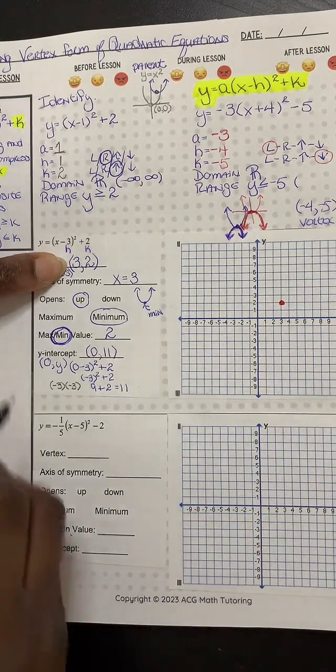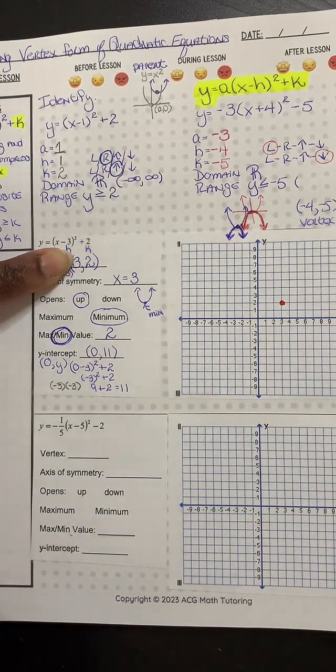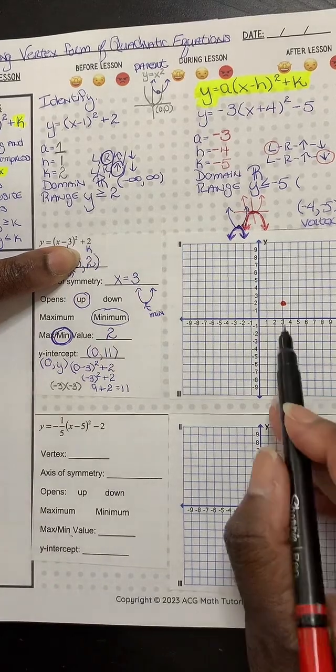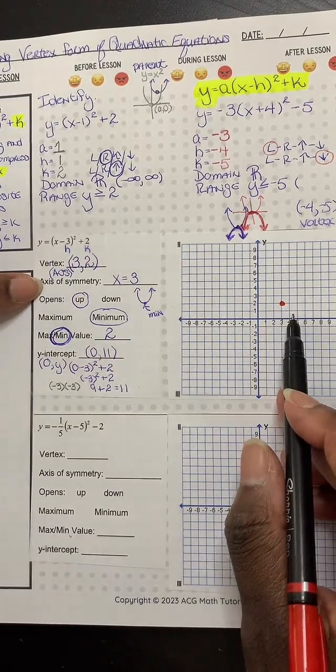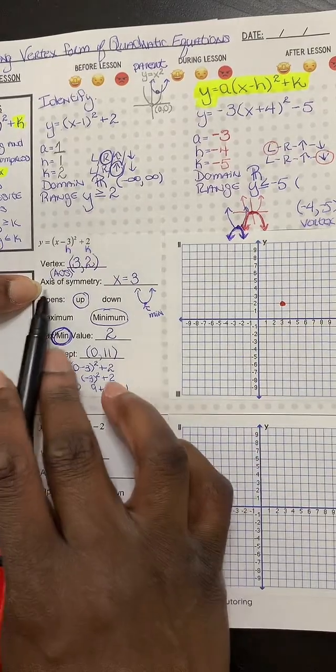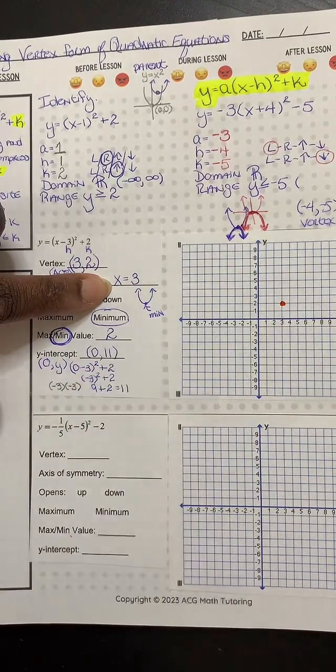Now, to sketch a parabola or a graph, we need a couple of things. We have the axis of symmetry as x equals 3.